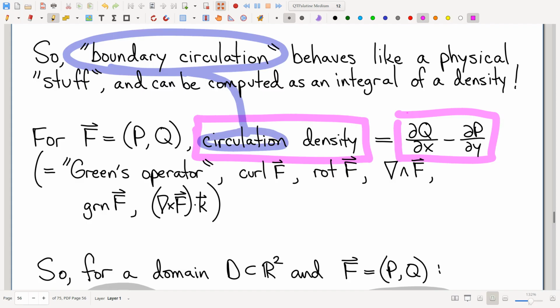dQ/dx minus dP/dy. Keep in mind, when we say circulation density, that means we're computing boundary circulations for a given vector field F. Whatever this vector field might be, I'm going to say P comma Q, and compute this little magic expression right here, dQ/dx minus dP/dy. That, as it turns out, is the circulation density. Exactly why that works is not worth the time investment it would take to do that calculation.